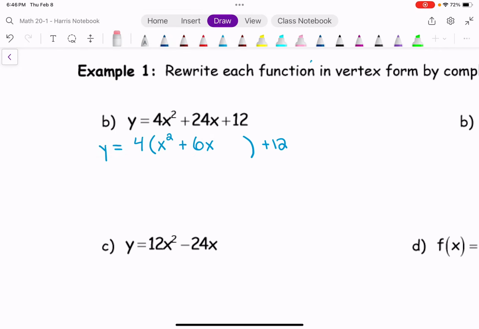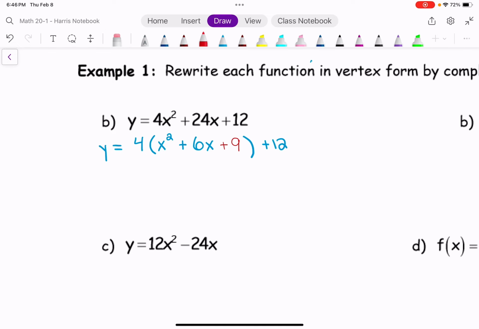If I split 6x, what plus what is going to equal 6x? It's going to be 3 and 3. So I'm going to go 6 divided by 2 to figure out 3. 3 squared is 9. So I know that I'm going to add a 9 here.